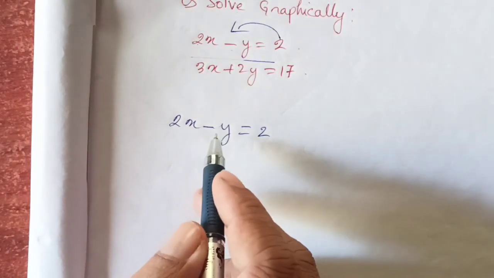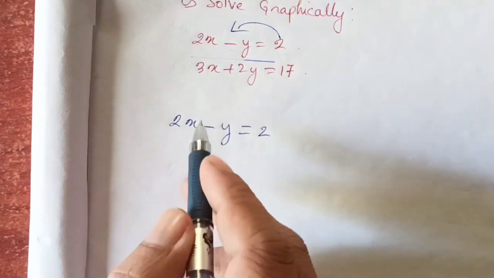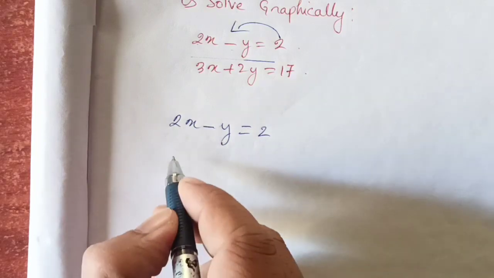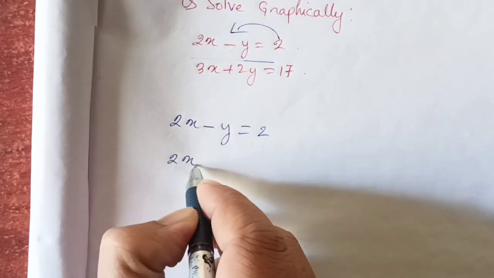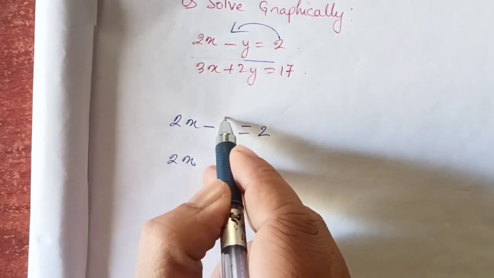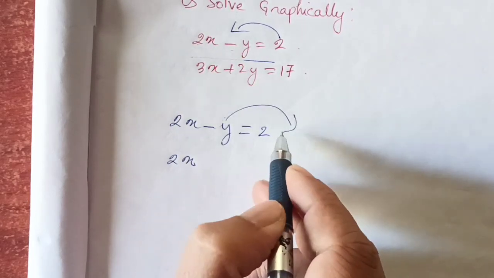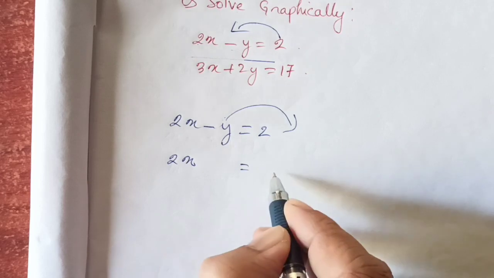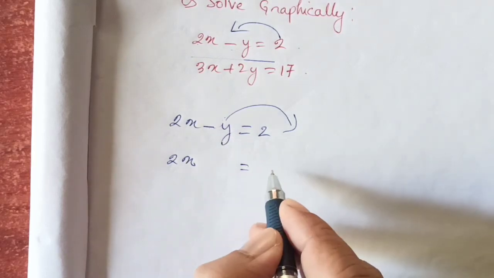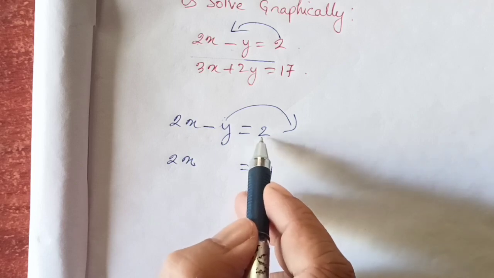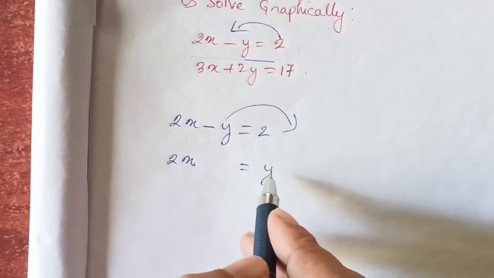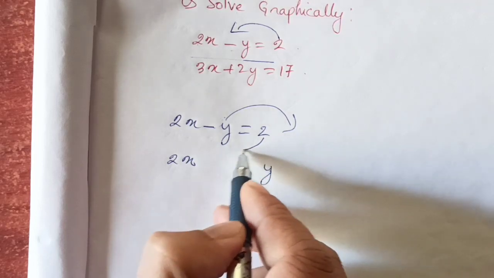This one here, I already told you that y is alone, so that's why we need to keep y alone, we should not keep it together with others. So twice x minus y, we transfer this side to keep it alone. So minus y, when it transfers, it turns into plus y. And 2, since it cannot be kept together with y, we need to keep y alone.